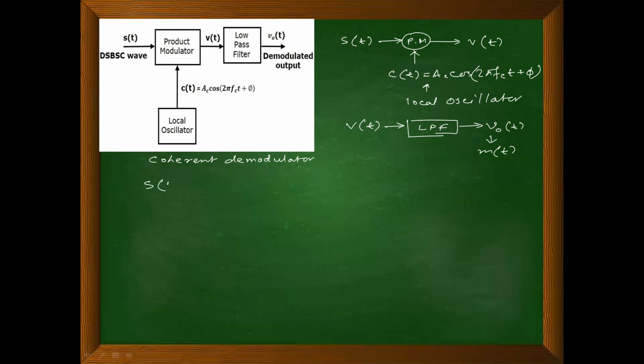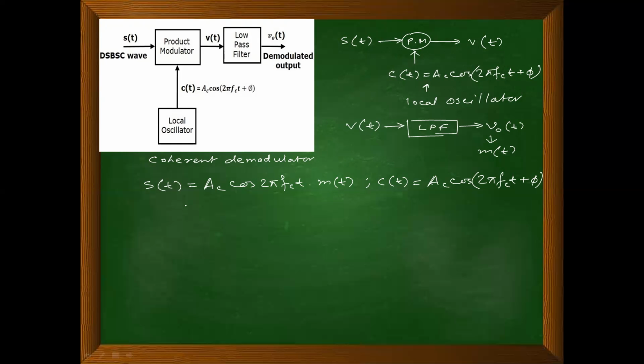So s(t) = Ac cos(2πfct) m(t), as per my modulation technique, and c(t) is given as Ac cos(2πfct + φ).